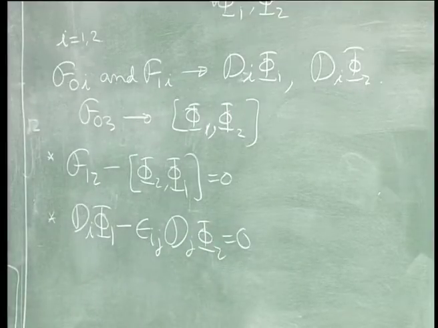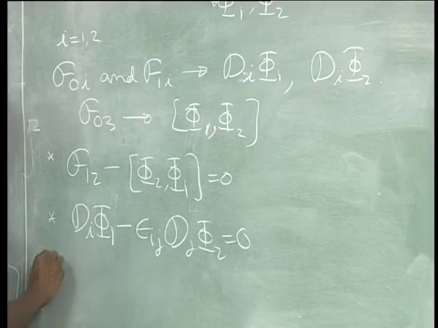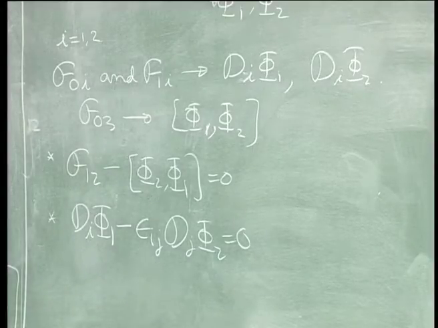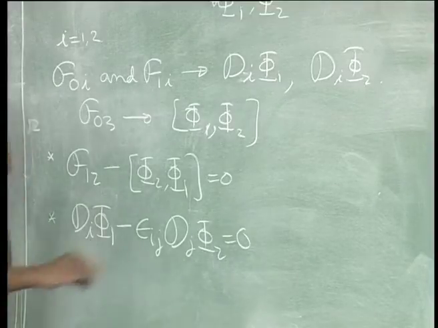This equation looks a little messy, but it will become very simple in a short while. Since we are in 2 dimensions, these are called the vortex equations, the non-abelian vortex equations.